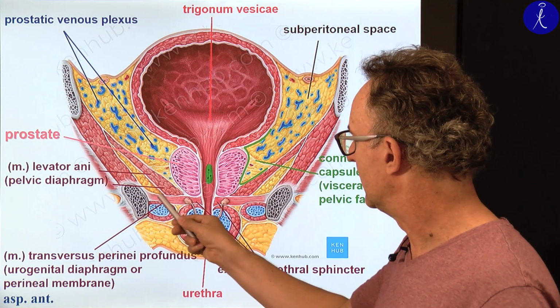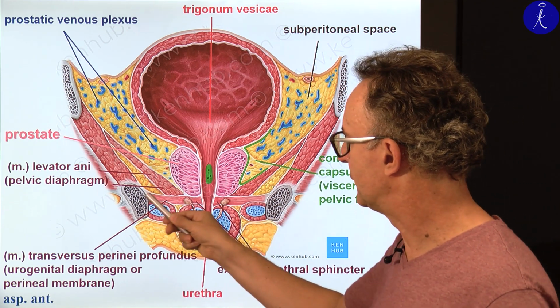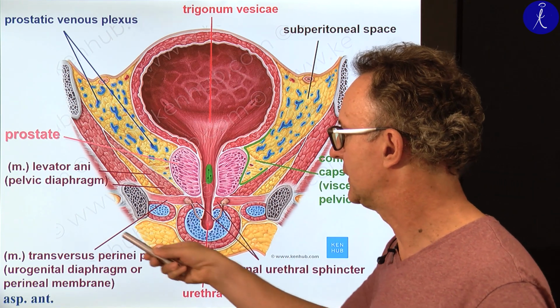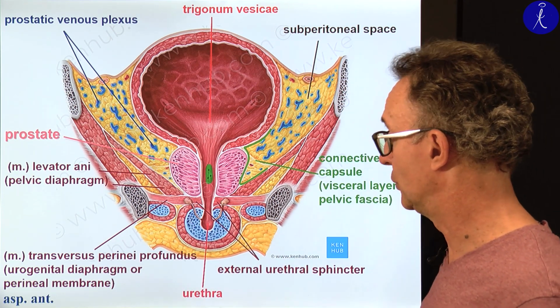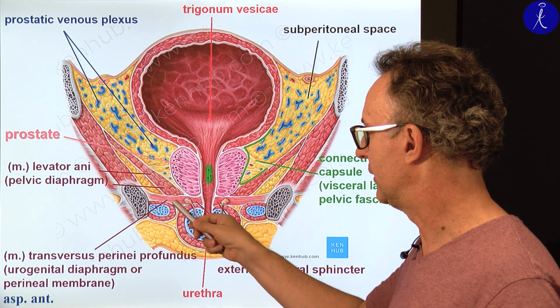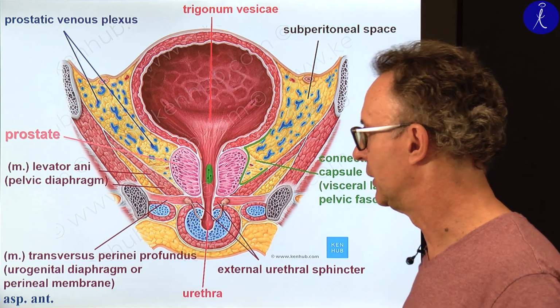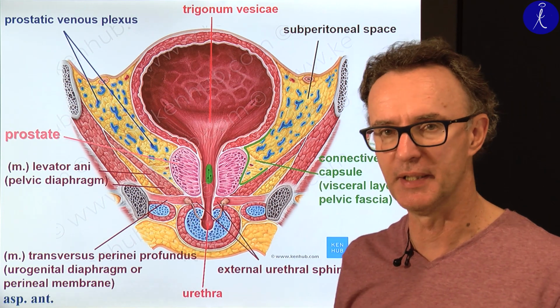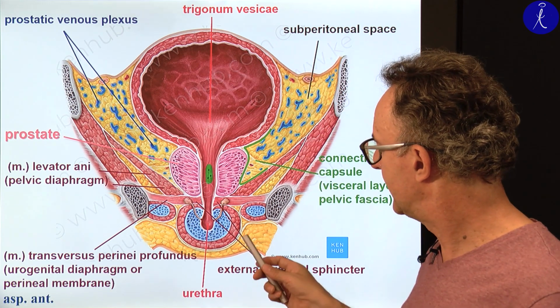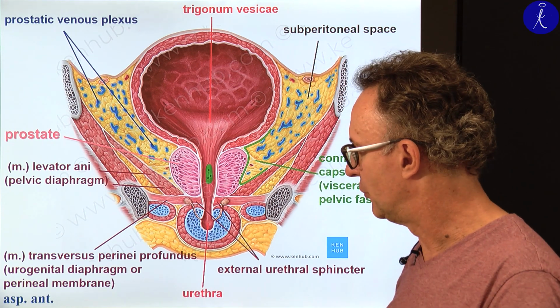And we have another skeletal muscle below, transversely, the deep transverse perineal muscle or transversus perineal profundus, with its two fascial layers, again above and below, called together urogenital diaphragm or perineal membrane. And this supports the whole prostate from below.